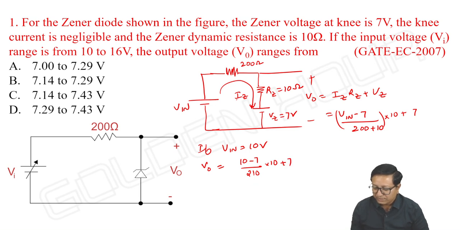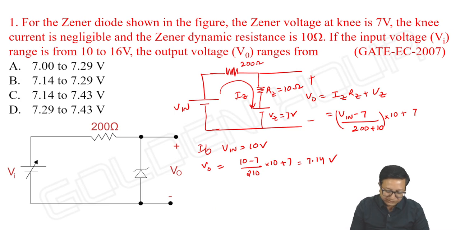It is 3 by 21, which is 1 by 7, so 1 by 7 plus 7 gives 7.14 volts. I'm directly writing it.